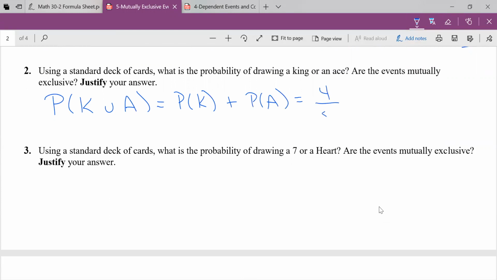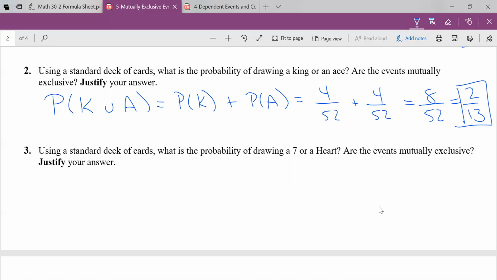There's 4 out of 52 ways to get a king and 4 out of 52 ways to get an ace. That's 8 out of 52, or 2 out of 13. As soon as I know it's mutually exclusive, all I have to do is add these things together. It's easy.